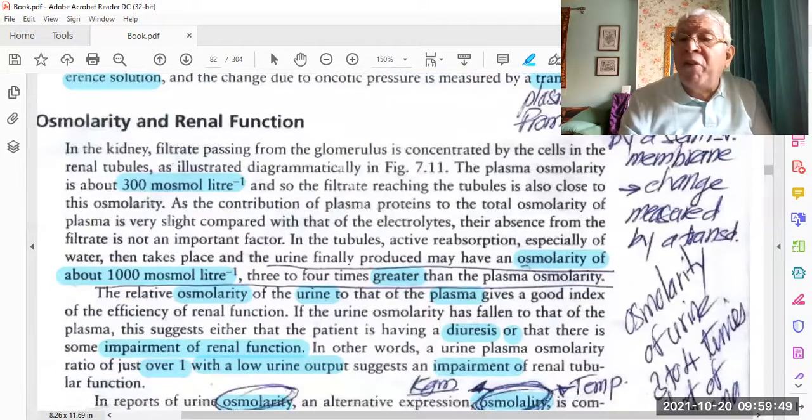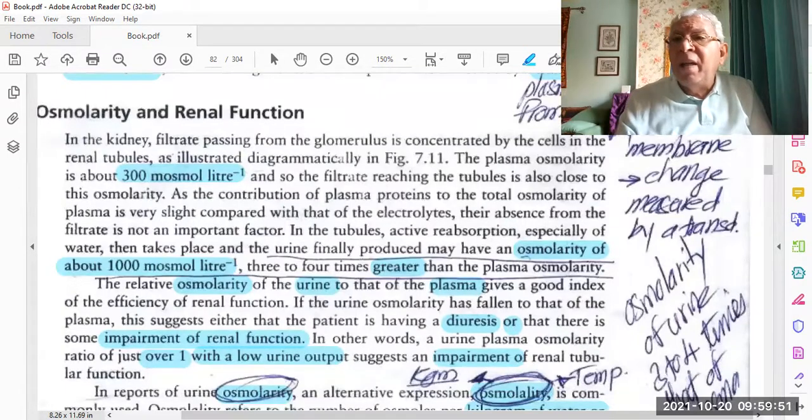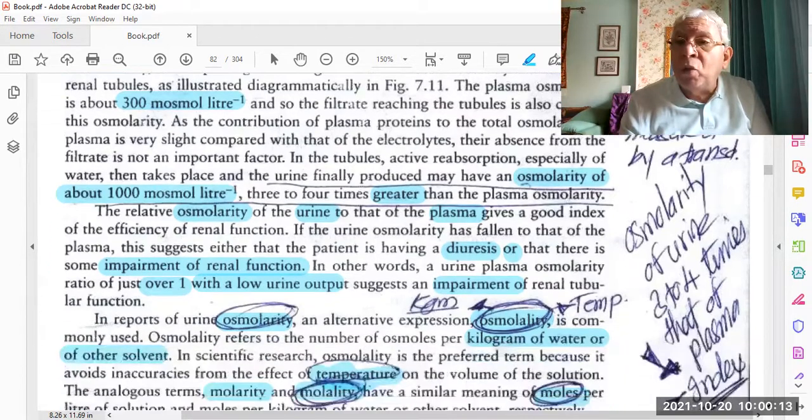Osmolarity and renal function. Of course, as you know, the membrane transfers the components of the blood through the kidney to filter, to remove much of the water. As we said before, the amount of osmoles present in the blood is around 300 milliosmol per liter. And whenever absorption of water occurs in the renal tubules, the end result is a urine osmolarity of 1,000, about 4 times.